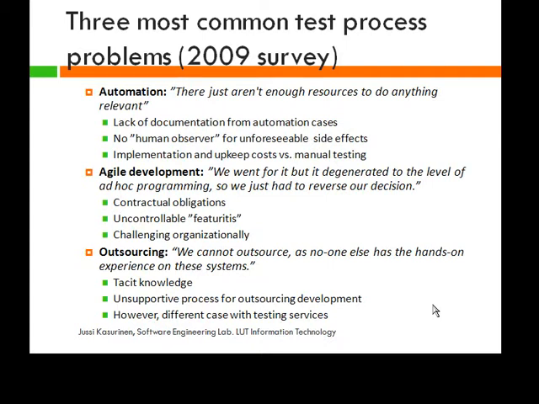And of course, it's something that hasn't been done earlier, so organizations find it hard to get the mindset of doing things that way. And as interesting as it was, even though outsourcing was not considered a quality problem, it was considered a problem in general. The organizations cannot say that they cannot do outsourcing because no one else has the hands-on experience of the system they are developing.